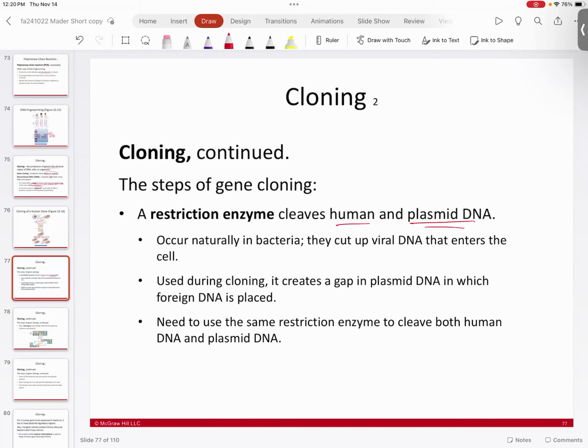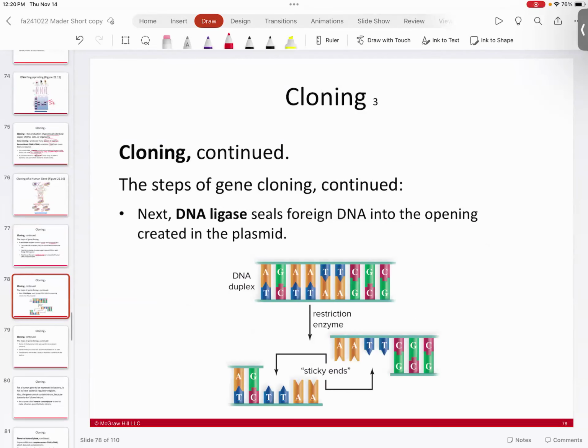Then we're going to insert our foreign DNA, in this case our human DNA, into that area. In order to do that, you have to use the same restriction enzyme because they create the same cutting pattern. That allows you to insert the DNA into the plasmid. This is what it looks like. So you cut it.